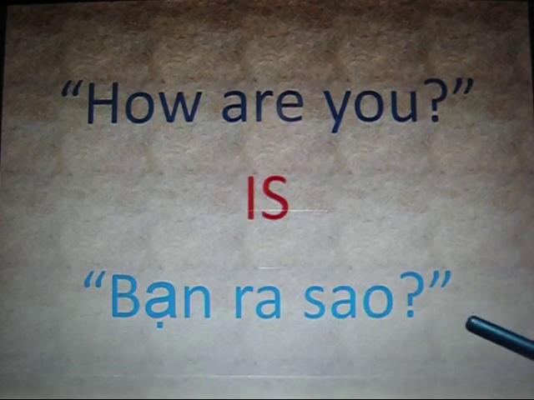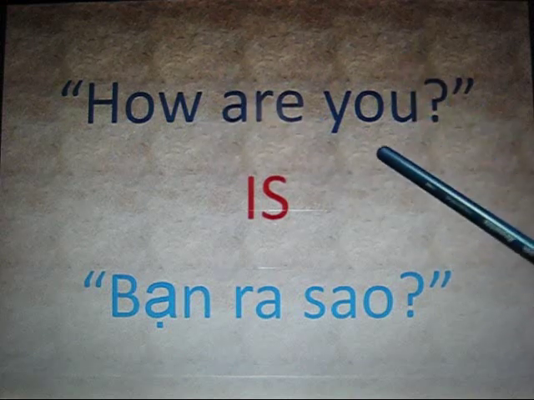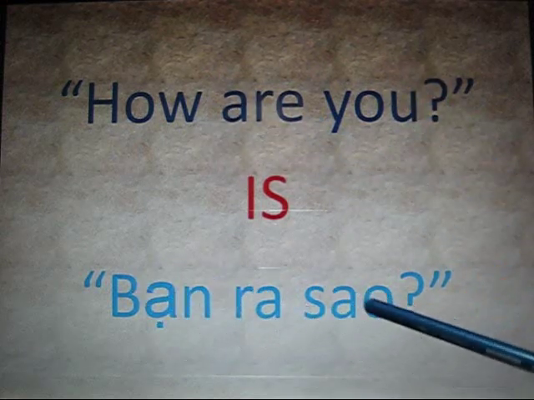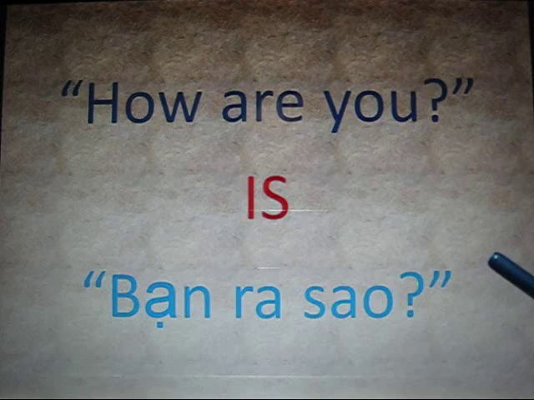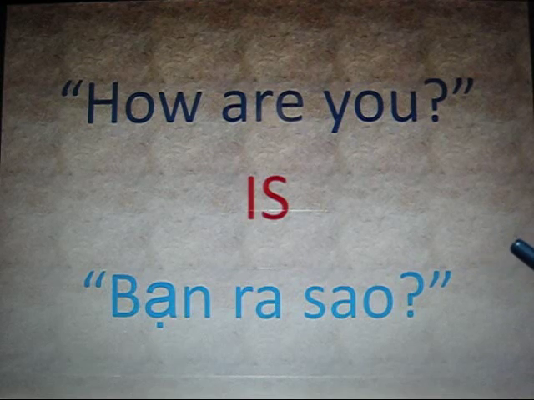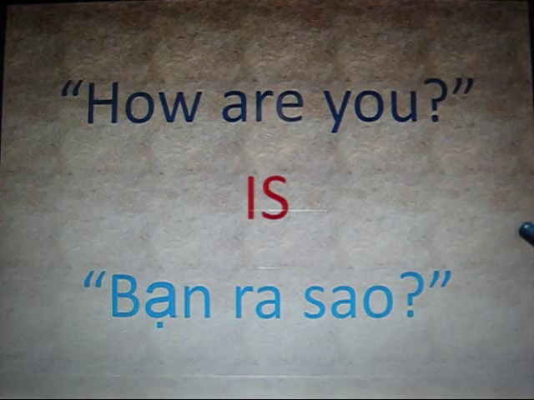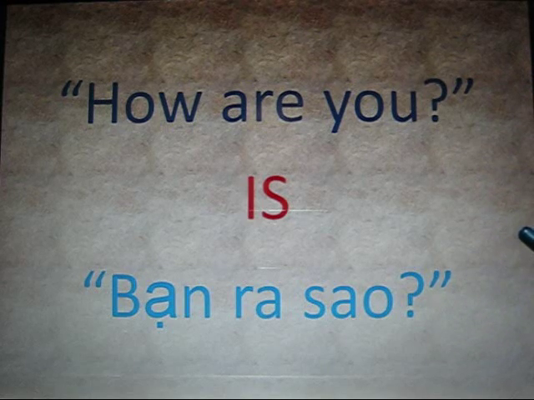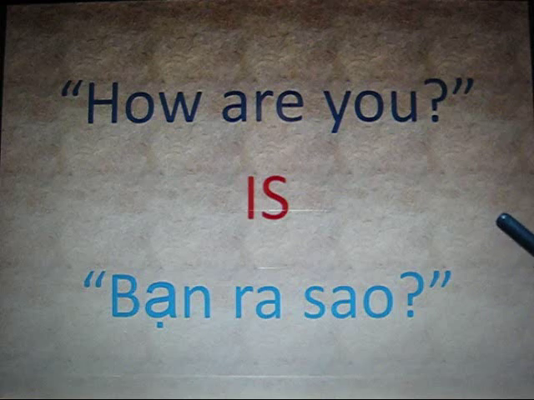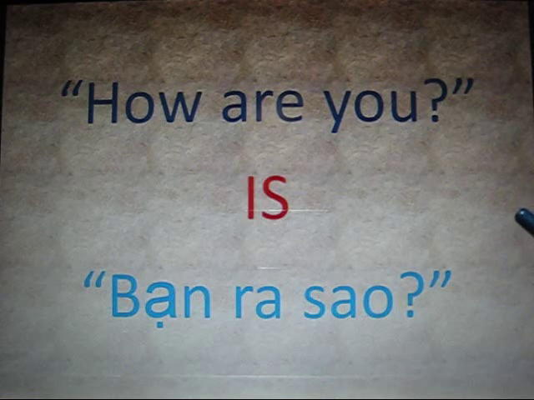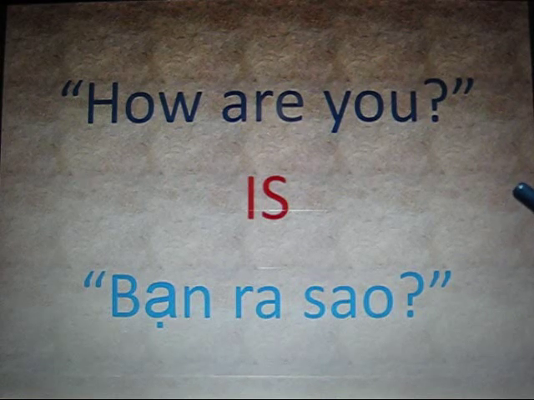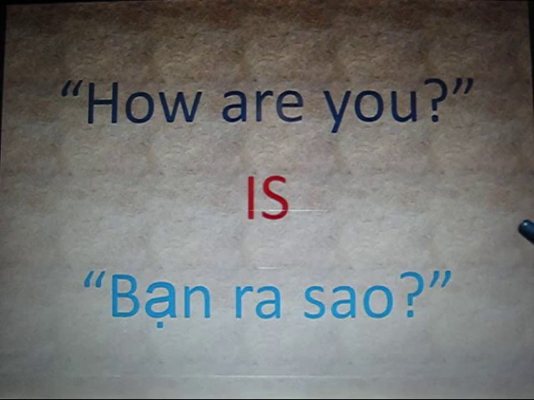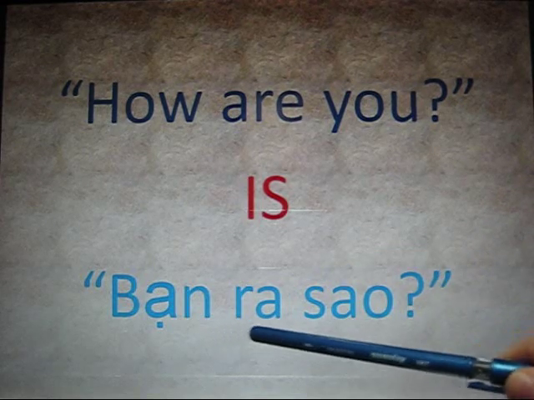Just remember that "how are you" actually means "bạn ra sao." For our first lesson about the dialogue, you just need to know this, but don't need to remember it. You just need to remember that when you say hello, how are you, you should use "bạn khỏe không" instead of "bạn ra sao."